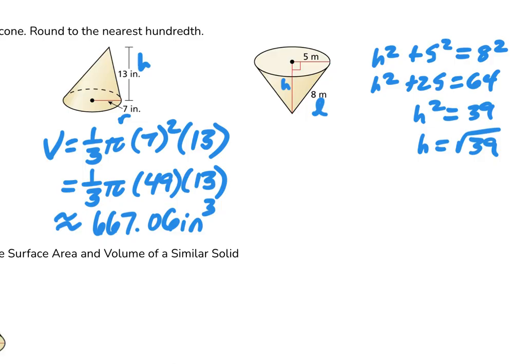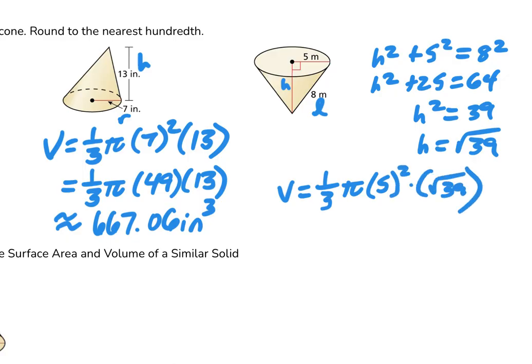We want the answer as close as possible to the actual answer. So just leave this in your calculator. Leave the square root of 39 alone. Don't round until the very end of the problem. So we're going to go volume equals 1/3 pi times 5 squared times the square root of 39. Put that whole thing into your calculator and let's see what we get.